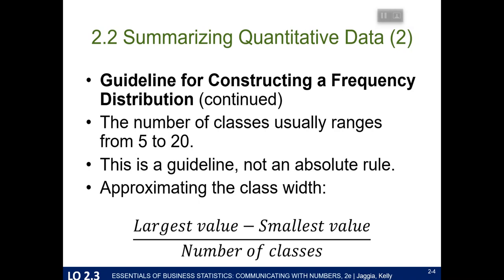To help figure out how many classes we should have and what our class width is, you need to look at your overall data and how it distributes. Part of this comes with practice, and part comes with looking at the data and what it represents.